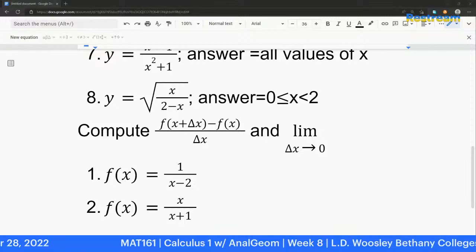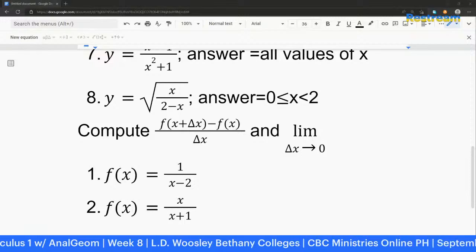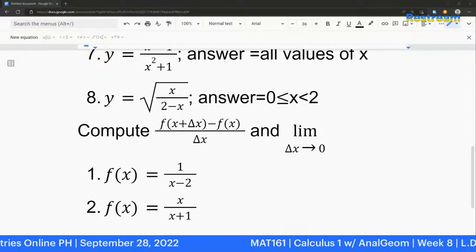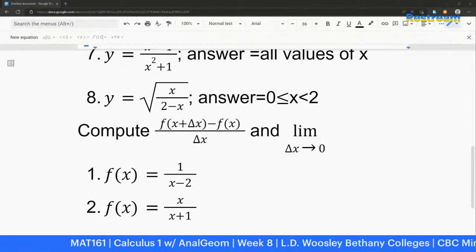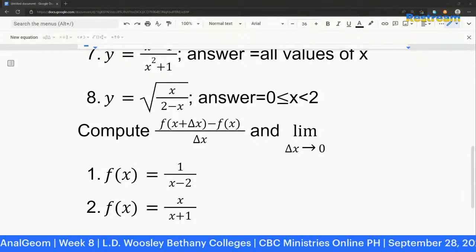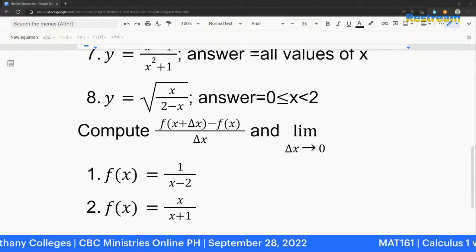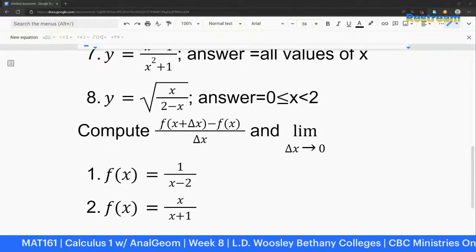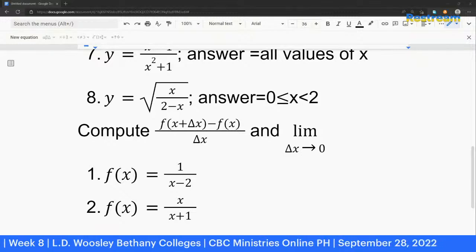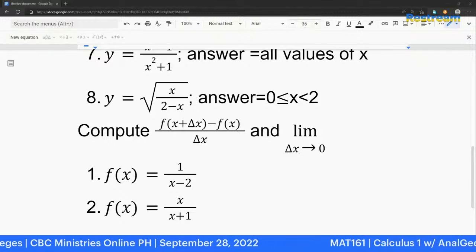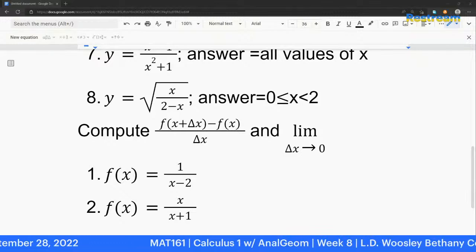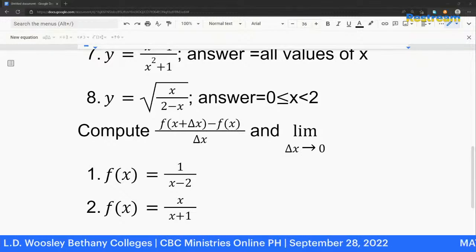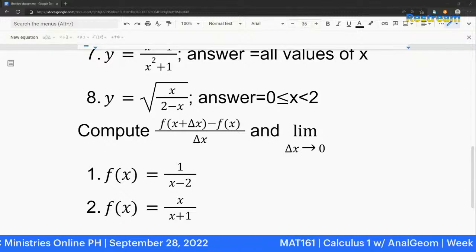Okay guys. Ano bang sagot natin? Siguro nahihirapan kayo mag-simplify ng denominator, no? Banji, wala pa? Banji? Or Gian?